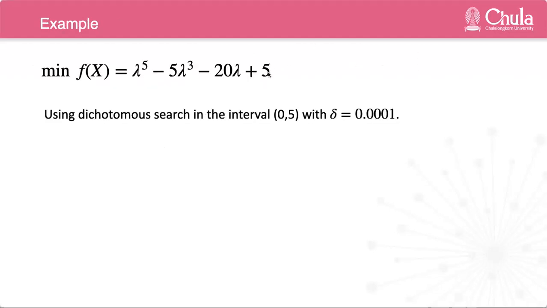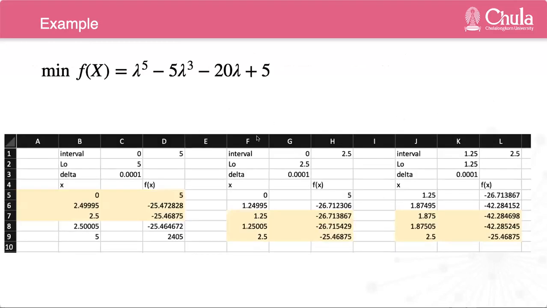For example, if we minimize this objective function by using dichotomous search in the interval of 0 to 5, with a certain delta. From the interval from 0 to 5, at the beginning, we know L0 is 5. Those 2 experiments should cover the center point, right? So where is the center point?